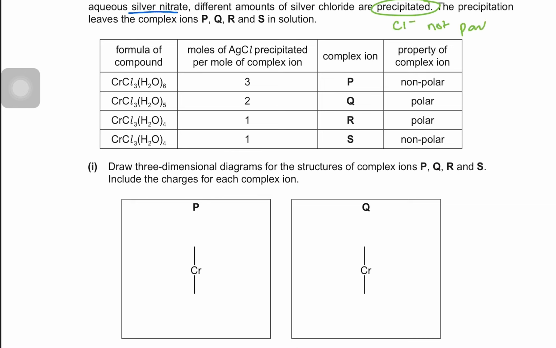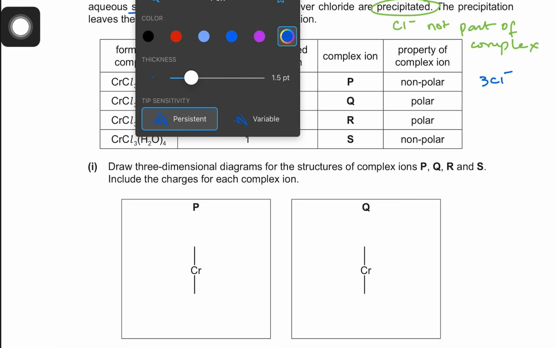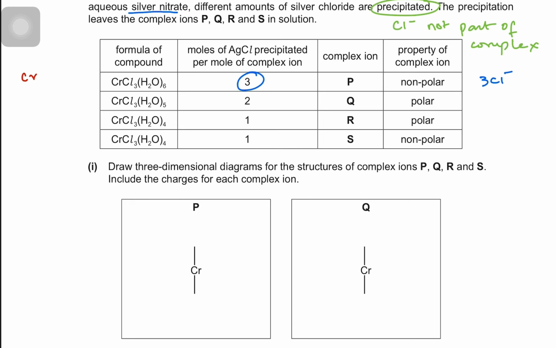When you precipitate something, it means that it's not a part of the complex, because a complex will never allow the ligand to precipitate. If 3 moles of AgCl can be precipitated, it means that the 3 chlorides are never part of the complex. They are just spectator ions.